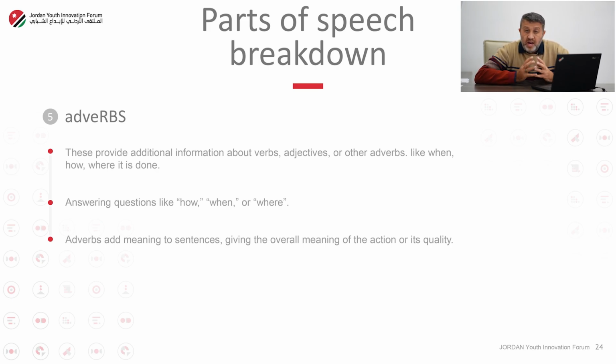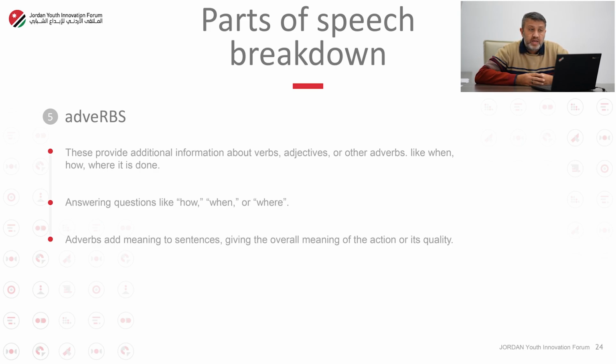So adverbs give us extra information about how something is done. So instead of saying I drive to work, I say I drive carefully to work, okay? So the sentence becomes longer and more beautiful, more mature, okay, ناضجة, much better.